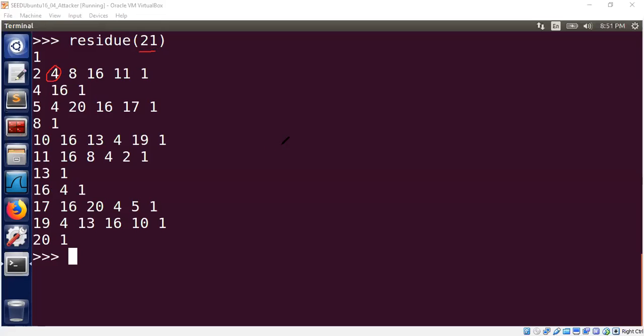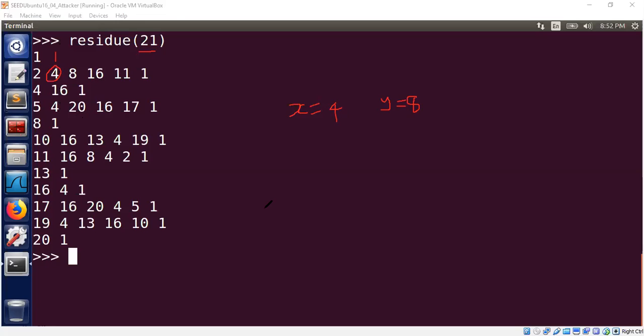So let's take x to be 4 and y to be 8, for example. What is x times y? x times y is 32, and 32 mod 21 is 11. But as you can see, 11 doesn't occur in this column, where the only elements are 1, 4, and 16.